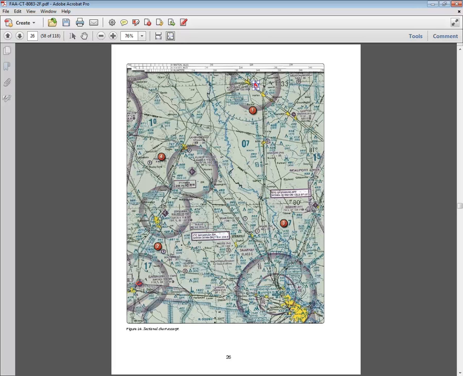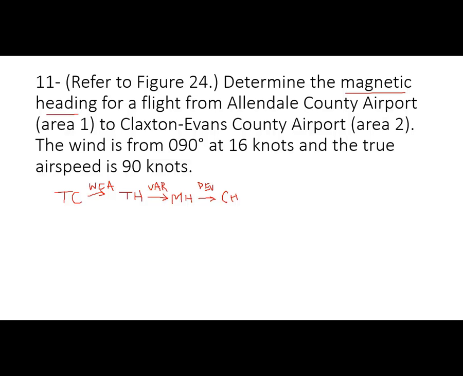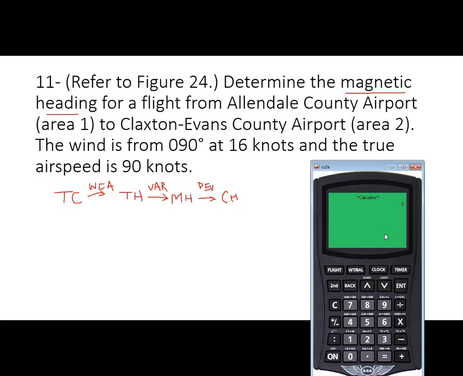So we can come back into our question here and bring out our CX2, and let's do the calculation. On menu number 4, plan leg, heading and ground speed, we've measured the true course, 212 degrees. The question says we have a true airspeed of 90 knots.